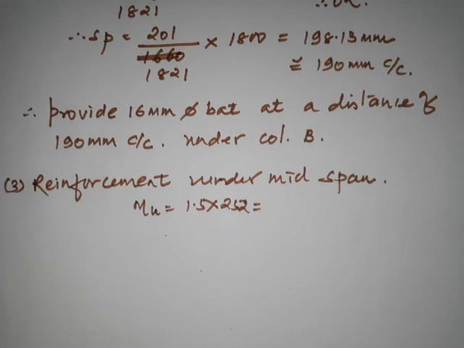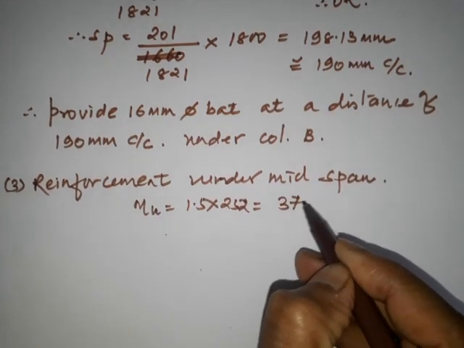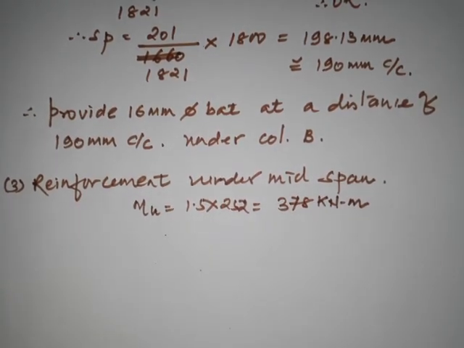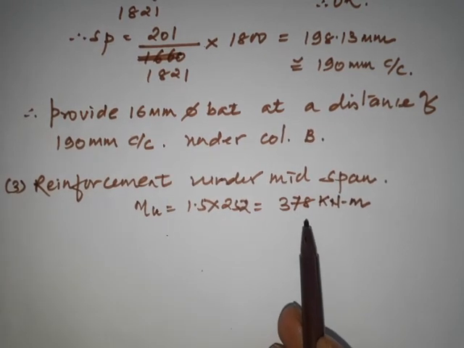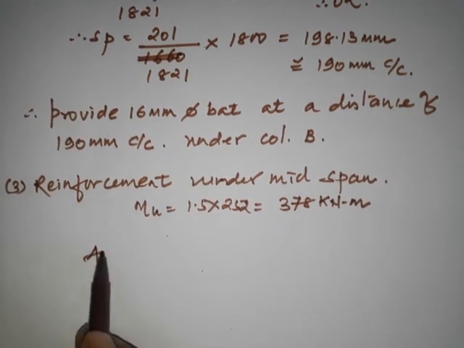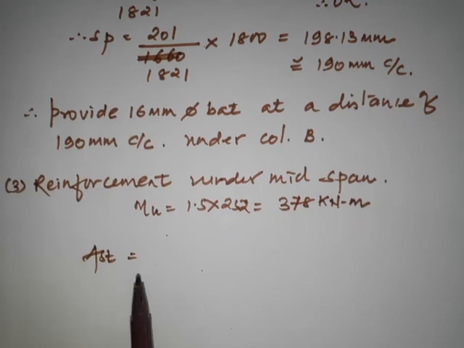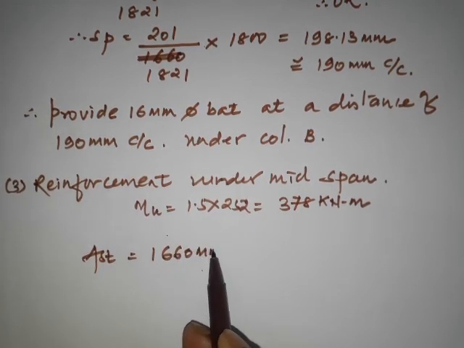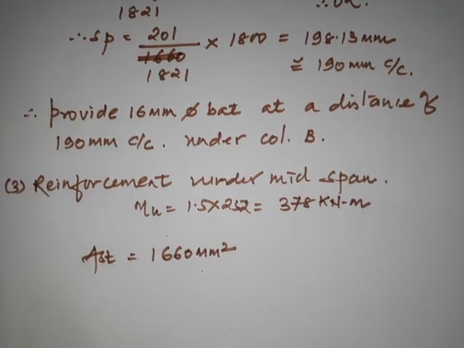So how much you get? You get this as 378 kilonewton meter. Okay. So again what you have to do, by using this you have to find out AST. So I will write the answer here directly. So this I think will get it as 1660 mm square.